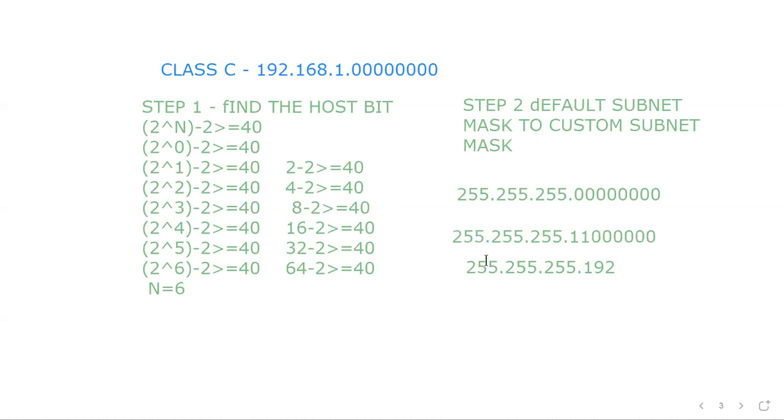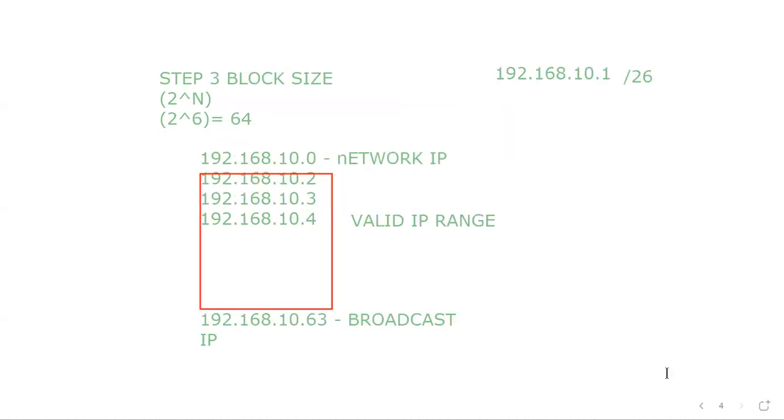It is 8 bits, 8 plus 16, 16 plus 24, and 2 more is this, so it comes like 26. Okay, so slash 26.